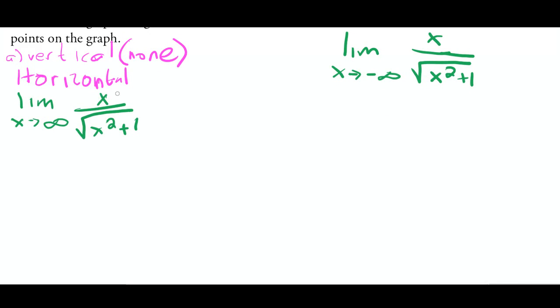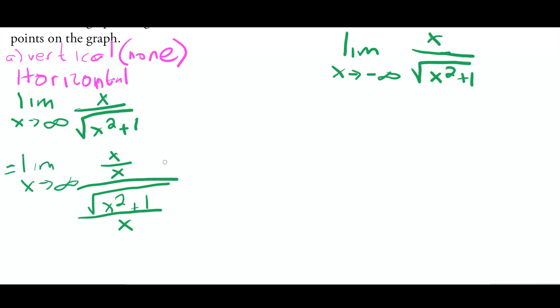You get infinity over infinity if you plug it in. So we use our usual trick of dividing by x to the highest power. You might have forgotten by now, but you divide by x.